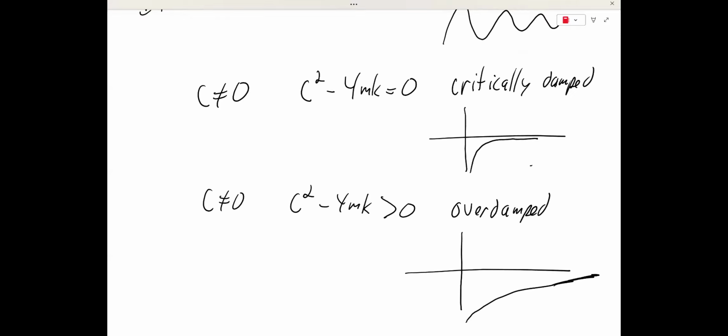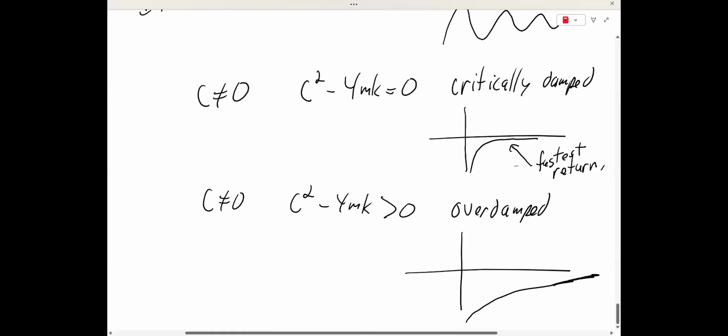Critically damped has a fast return but doesn't oscillate. It's the fastest return to equilibrium. If it's overdamped, then it's actually a slower return to equilibrium. So fastest return, but there's no oscillation.